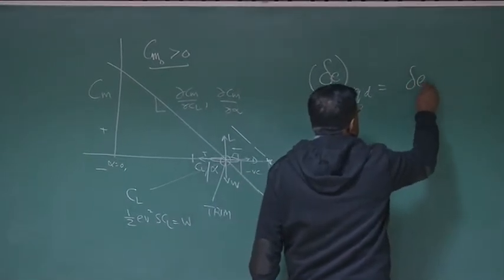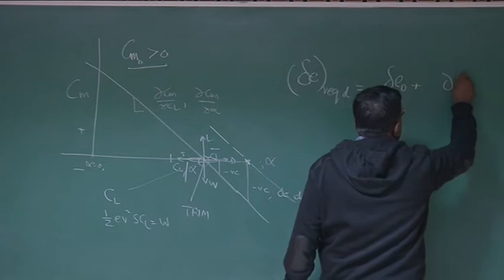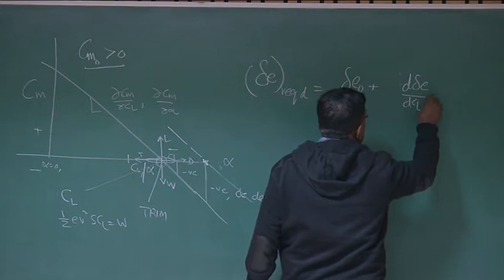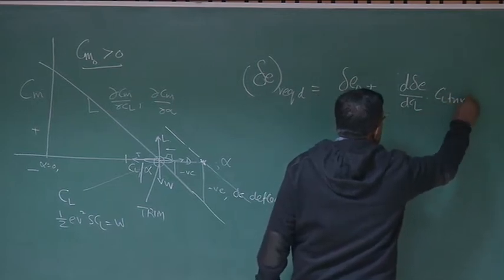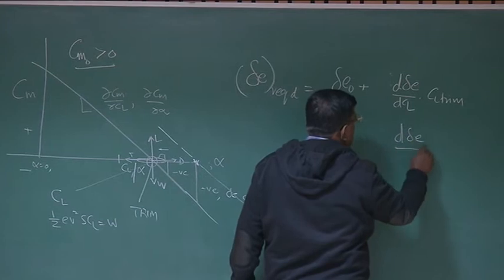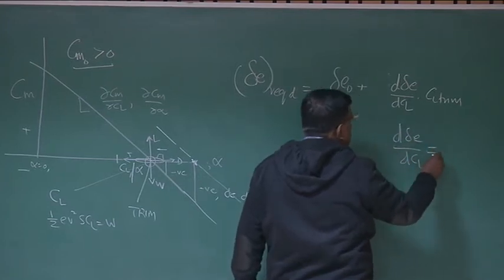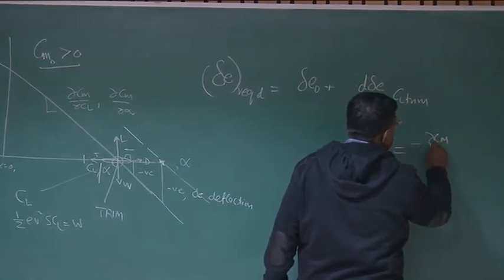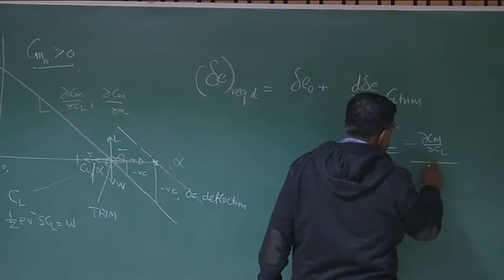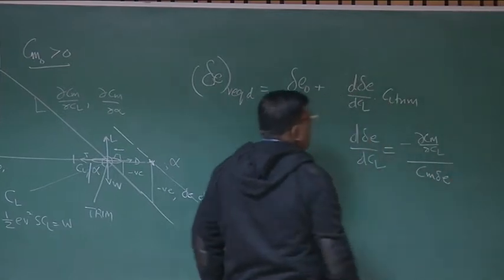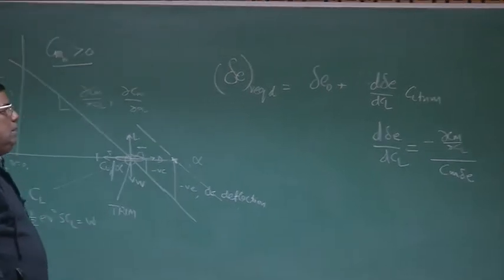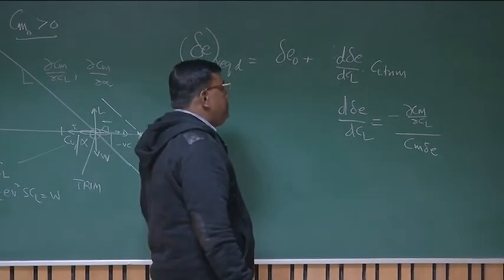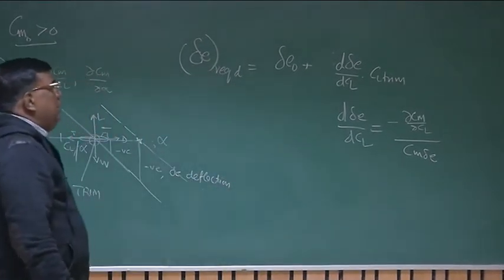So we say it is delta E naught plus d delta E by dCl into CL trim, where d delta E by dCl is nothing but minus dCm by dCl by Cm delta E, with some approximations when we put. Okay? This is the neat and clean linear expression. Now, what is the meaning of this?